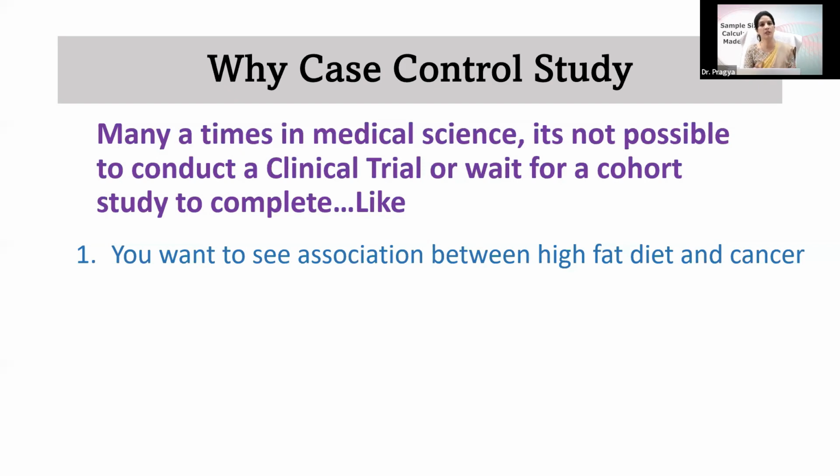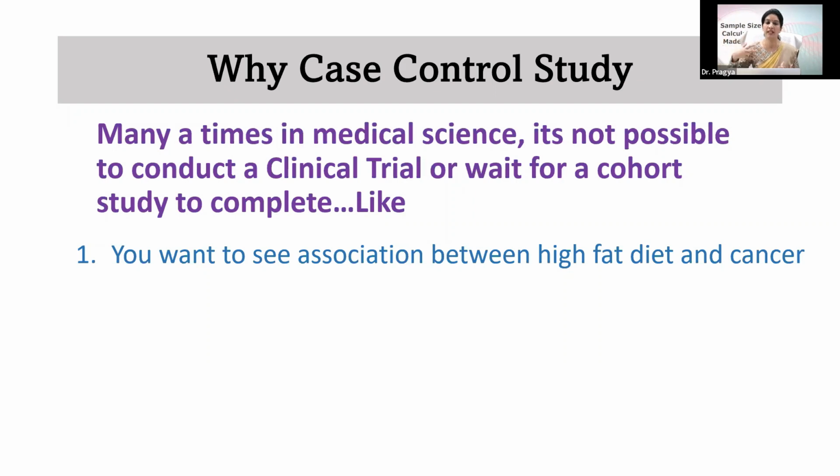If you want to see the association between the high fat diet and cancer, so I want to test this hypothesis. So I have got three options. I can do a case control study, I can do a cohort, I can do a randomized control trial. But RCT, although the evidence is high, because of the ethical concern, I cannot expose a person to a high fat diet and see whether the cancer develops or not.